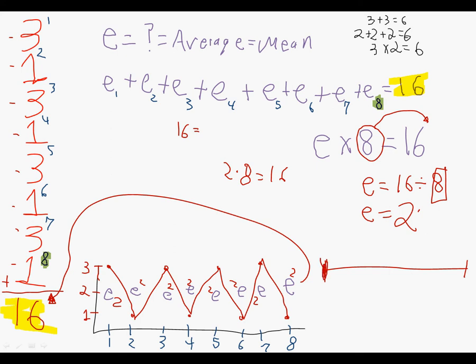So if I make this thick, this whole range here represents 16. If I divide it by 2, it's going to give me 2 big chunks of 8. And 8 plus 8 gives me back 16.